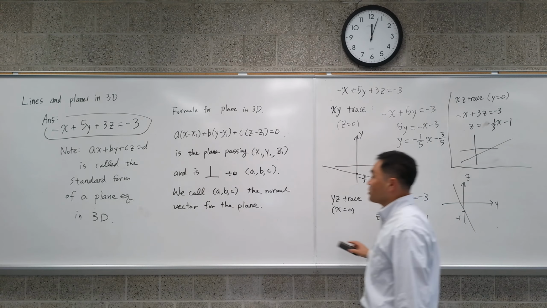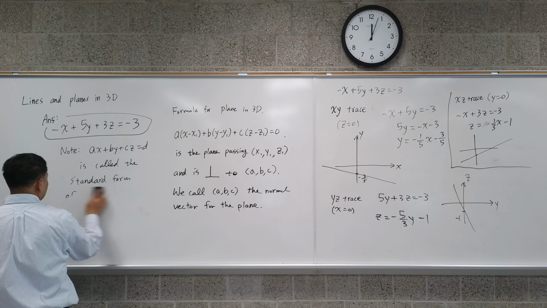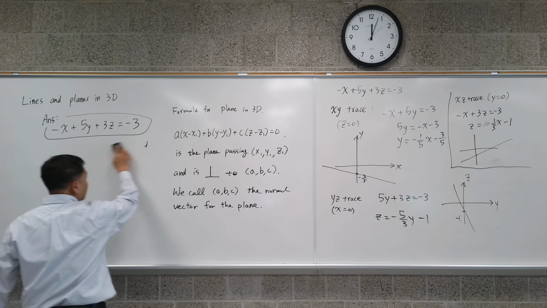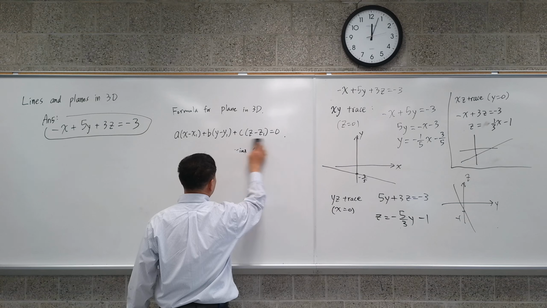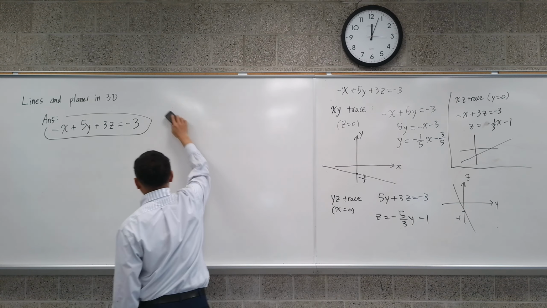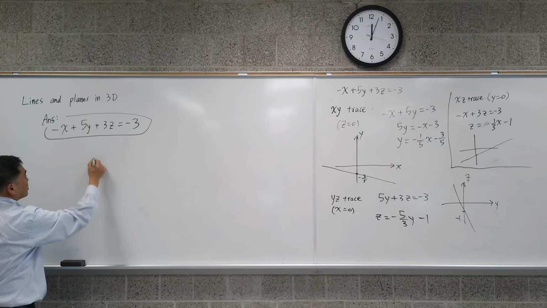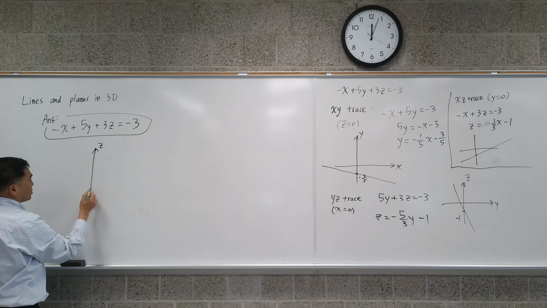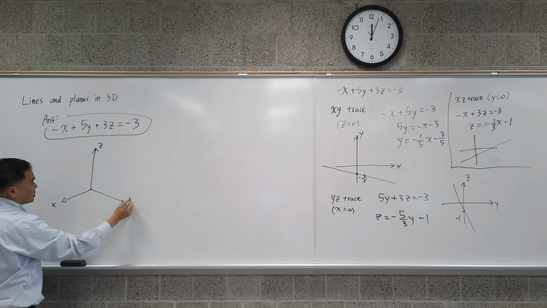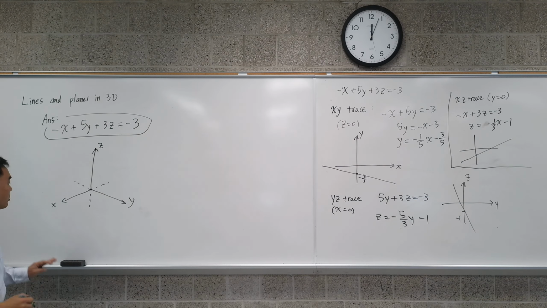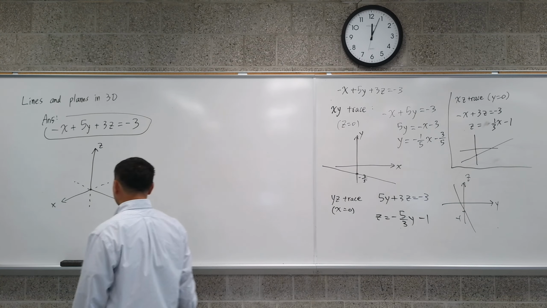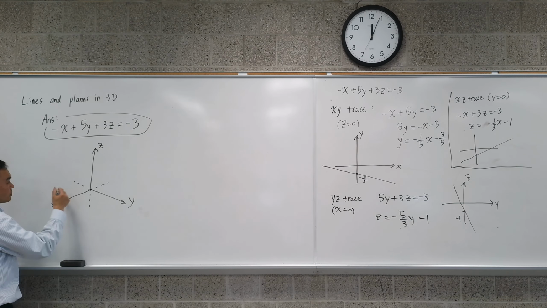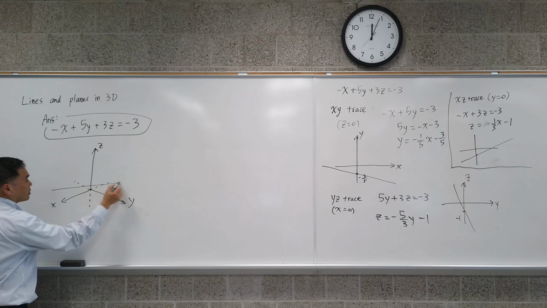If you put this together, here's z, here's x, here's y. For the xy trace, you have this guy here, like that on the xy.